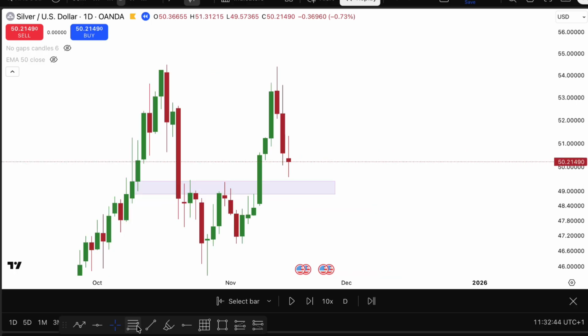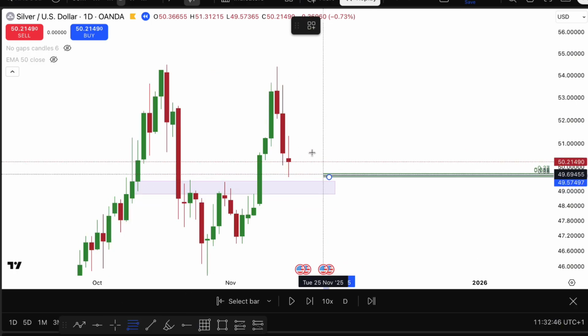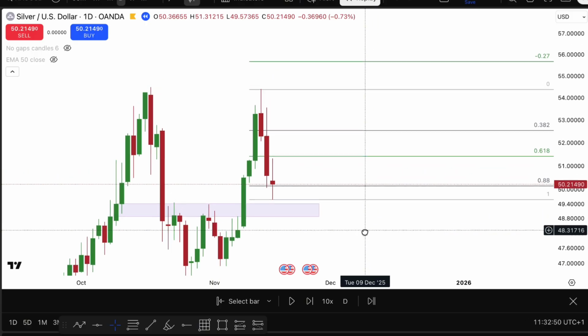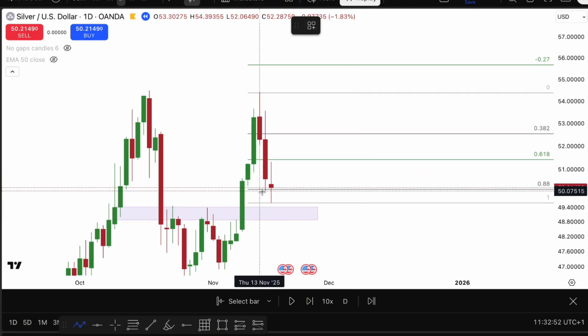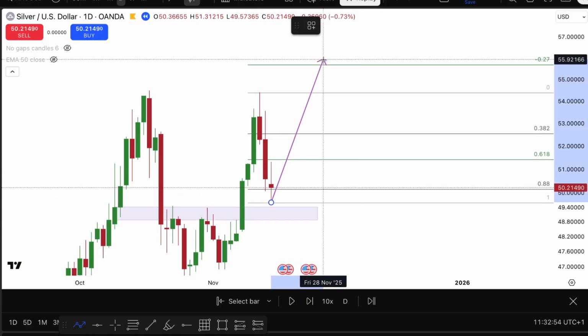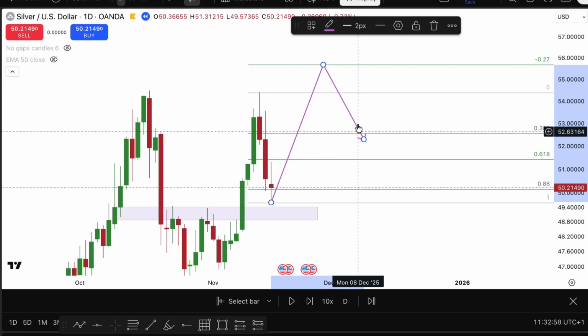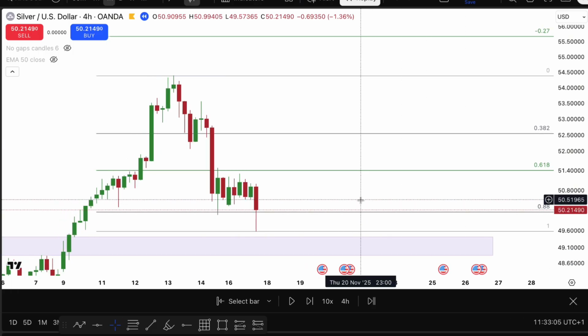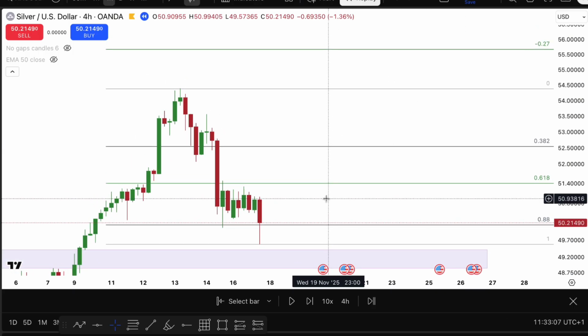On the daily, we want to draw our fib from the end of the retracement to the beginning, because we expect the new impulse that is going to form to go all the way to the negative 27 before it has its retracement. On the 4 hour, we want to wait for the break of the 61 level as usual.